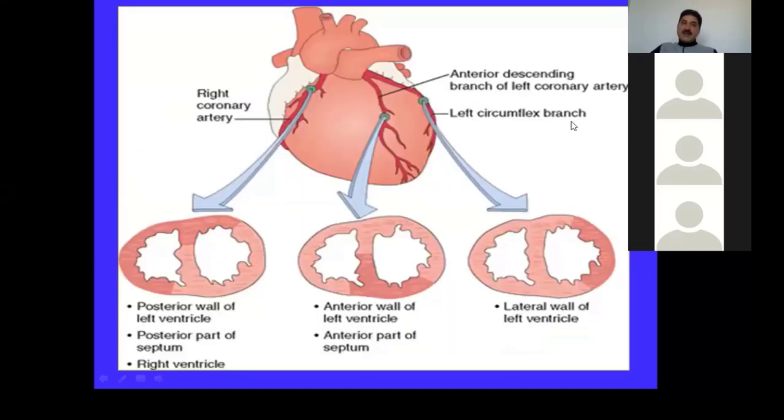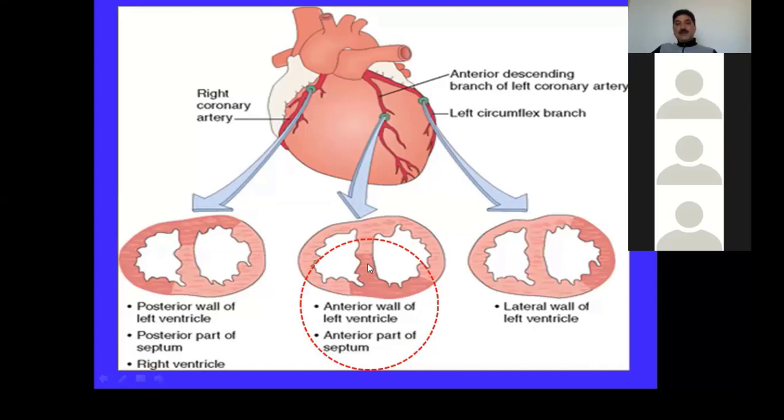Now, if you take a section of the heart, what do you see? You can see which part of the heart is supplied by the left anterior descending coronary artery. It supplies the anterior wall of the left ventricle, supplied by the left coronary artery.